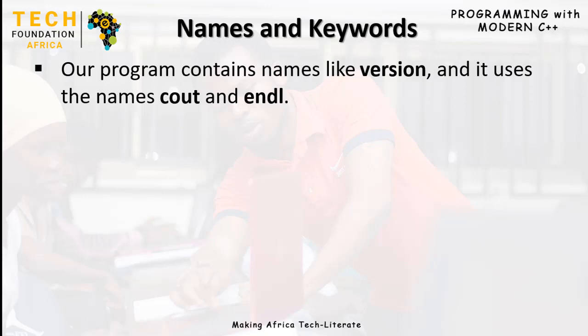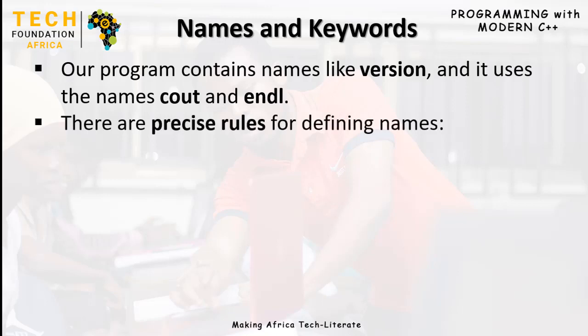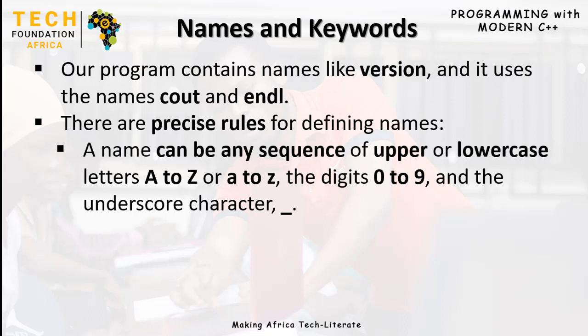Okay, when you are writing a program, you will have to name a lot of things, and there are precise rules that you have to follow to define the names of stuff. Okay, now let's look at these rules.